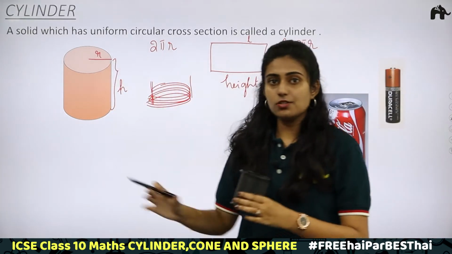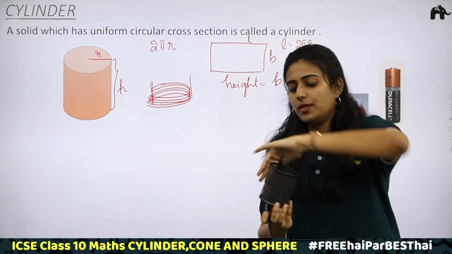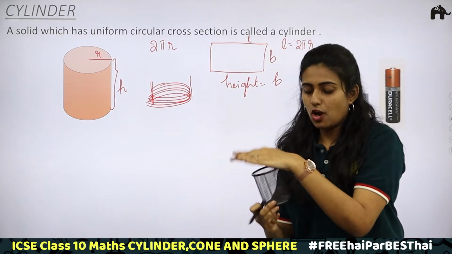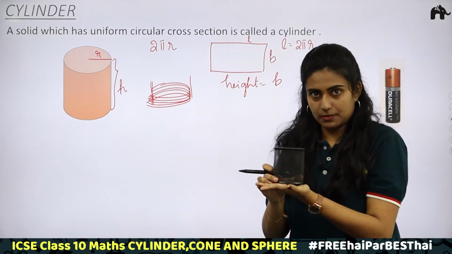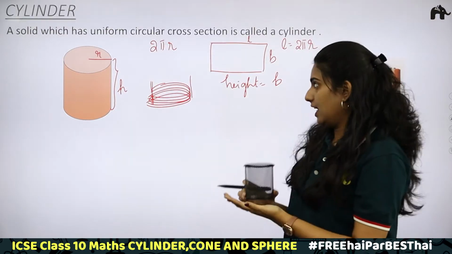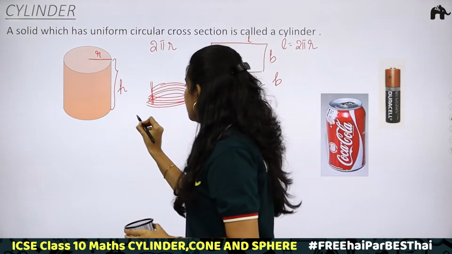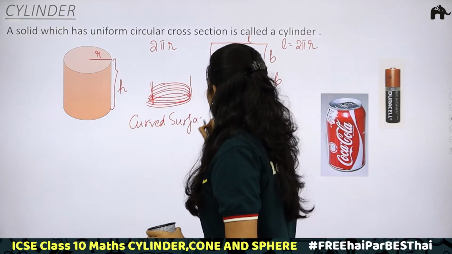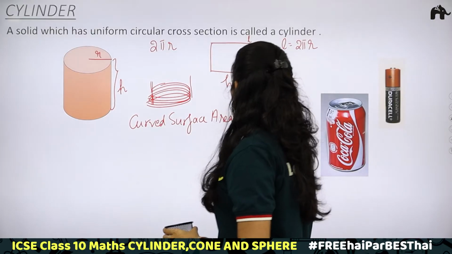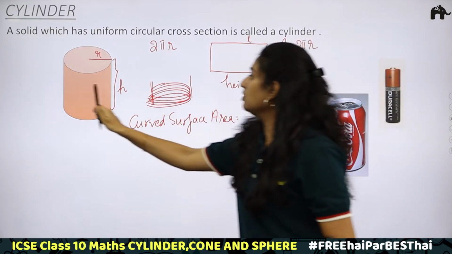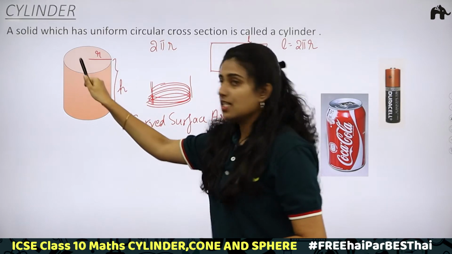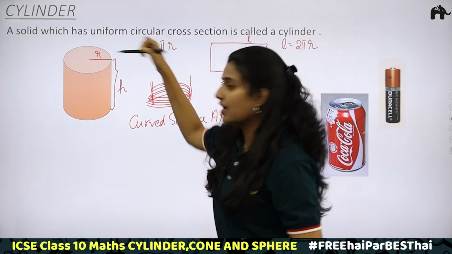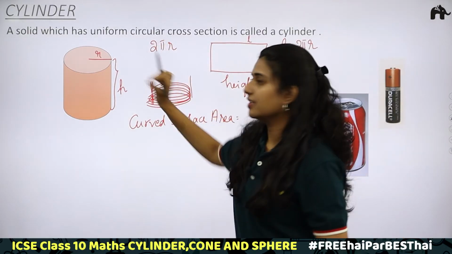So, in order to find the area of the cylinder, you will have the curved surface area along this, then the area of the top and the area of the bottom. To get the curved surface area, we have to take the perimeter of the top, the perimeter of the circular cross section, and multiply it with the height.